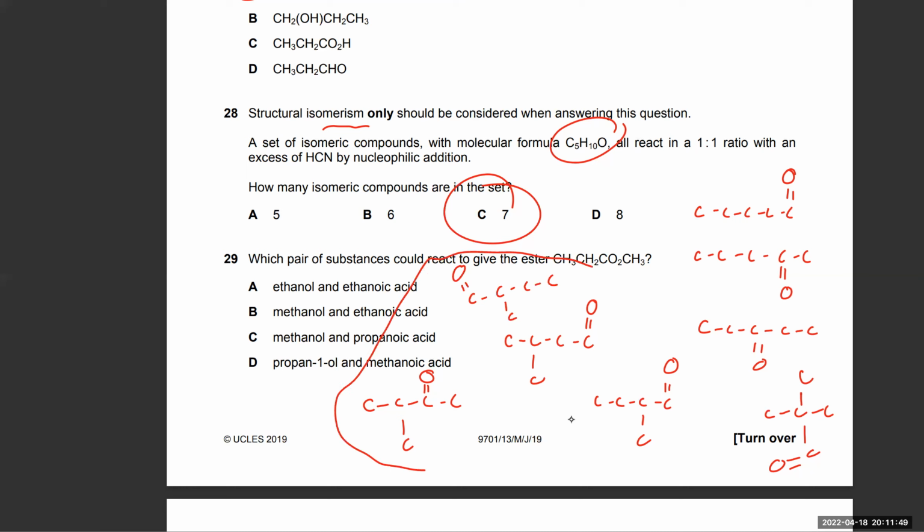So the carbon branched versions could be these 4. Actually, this is already there. This one and this one are exactly the same. So I'm going to remove that. Still getting 7. Okay, but make sure you double check. Is this 7 or 8? I'm pretty sure it's 7.